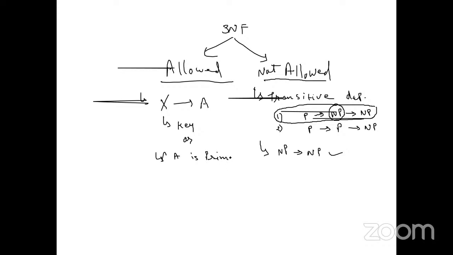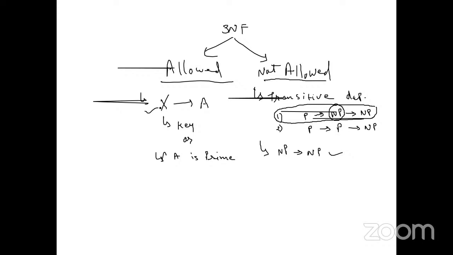If any one of these conditions is true for a given dependency, yes, it is in third NF. So what third NF demands is that every dependency has this form, where either the LHS is a key or the RHS is a prime attribute.